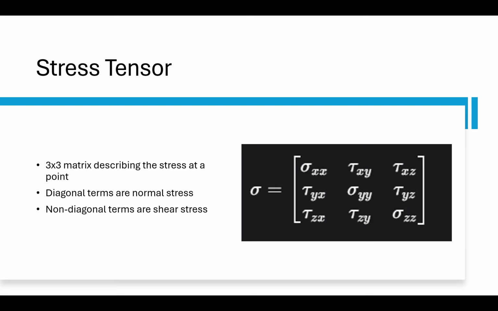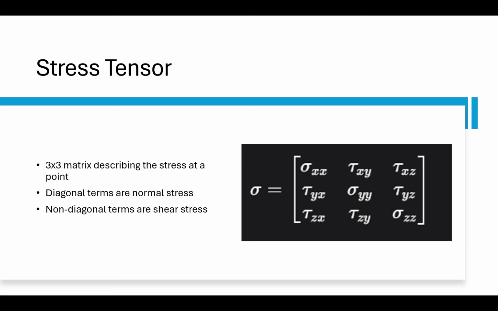So far, we've simplified stress as force per area, but in reality, the stress at a single point inside a material is more complex. Imagine a tiny cube at that point. The force on the x face is different from the force on the y face and also on the z face. To capture this complete picture, we use what's called the stress tensor.